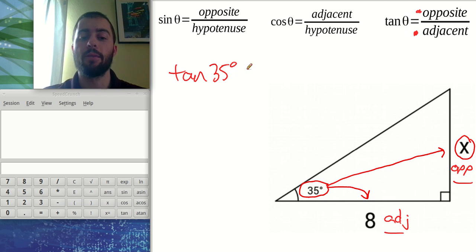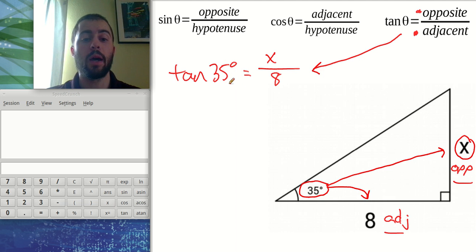So we have 35 degrees. And then our opposite side is x, so we'll leave that as an unknown. And then our adjacent side was 8. So we're just plugging in to the tangent equation here. We put our angle in the theta spot. We put x as our opposite, and 8 is our adjacent because that's what agrees with the diagram that we have.